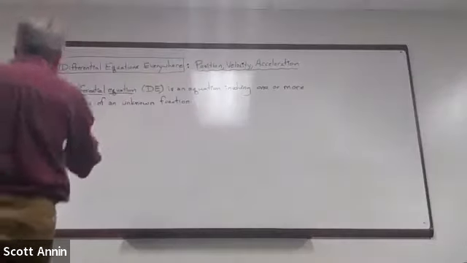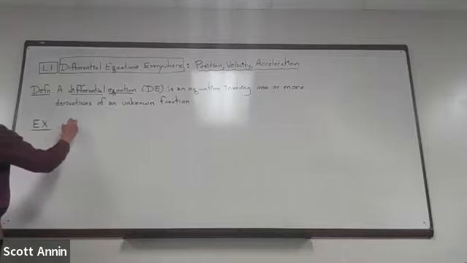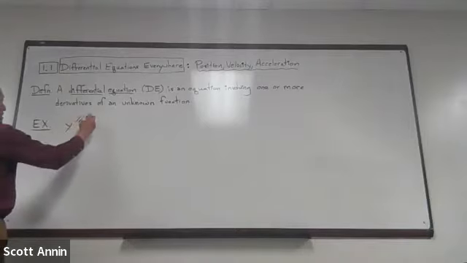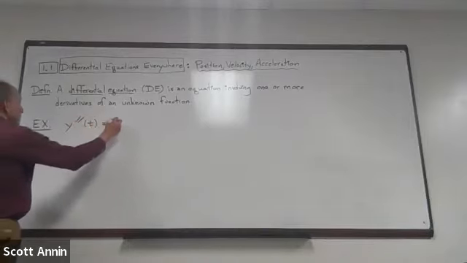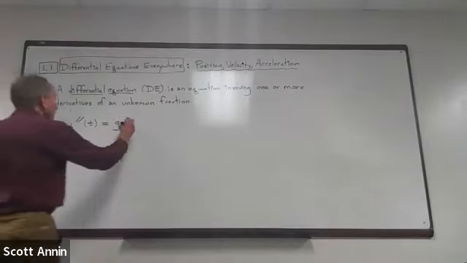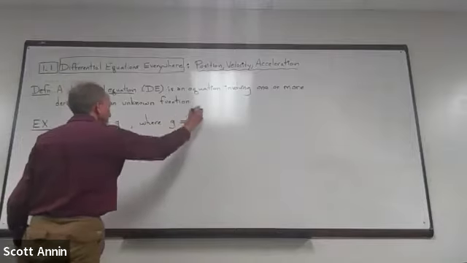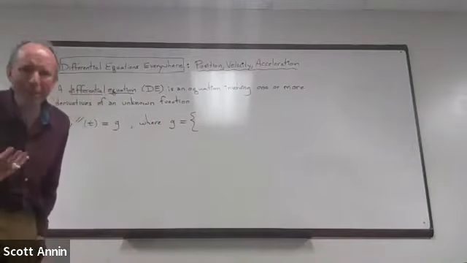So just to give you an example, I'm going to step up to my board here. Suppose I considered the differential equation y double prime of t equals g. And this little g is a constant. It's actually just a constant number.